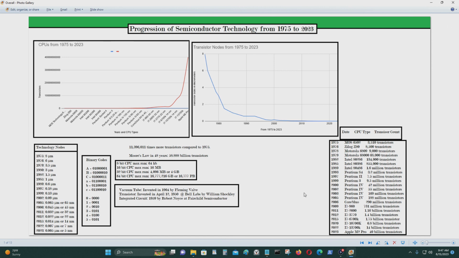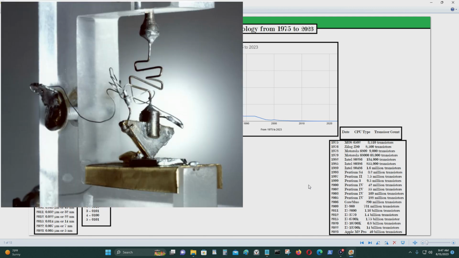And the next breakthrough that came out in computing technology was the transistor, which was invented on April 12th, 1950 by William Shockley of Bell Labs.